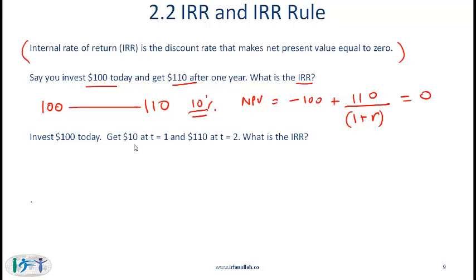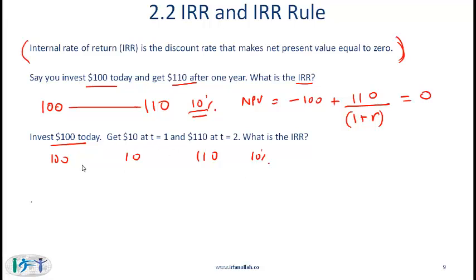Take another simple example. You invest 100 today, and then after 1 year you get 10. After 2 years you get 110, which is essentially 10% of 100 plus the 100 back. Here again, clearly the return is 10%, so your IRR is 10%. And notice that this concept still applies. What is the NPV of this particular project?